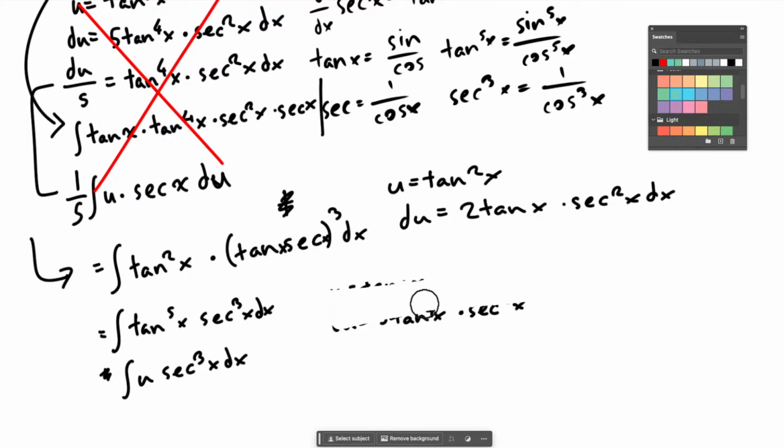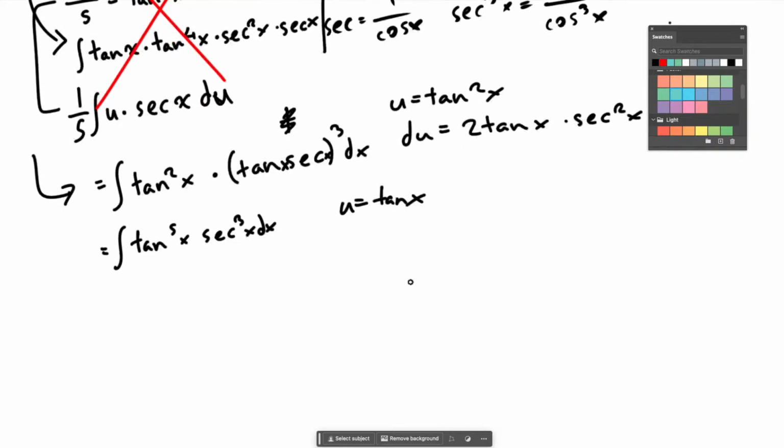What if we would just make u equal to tangent x? Right?